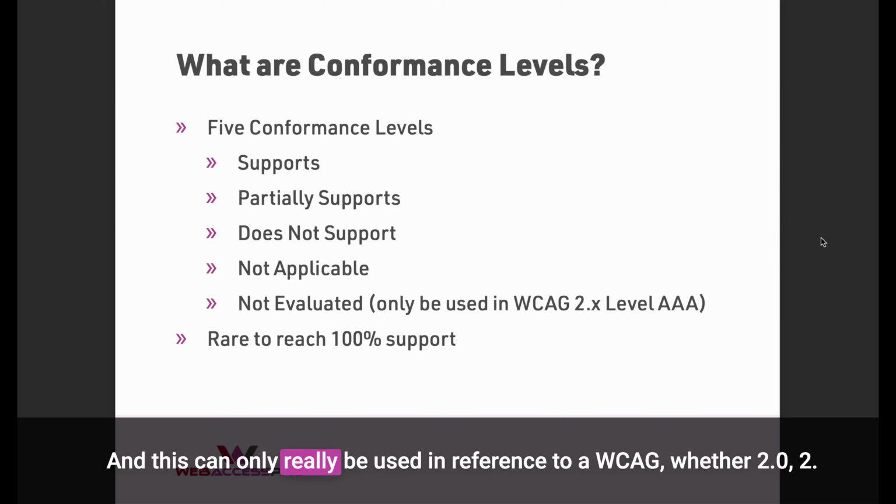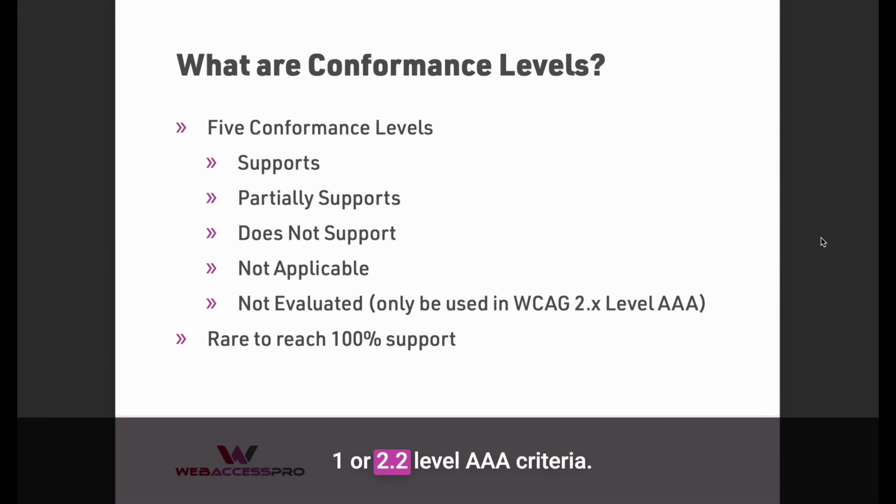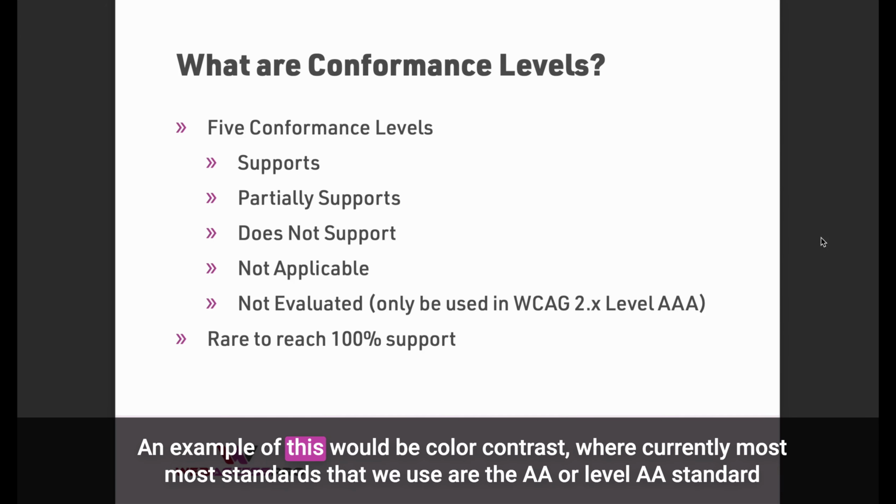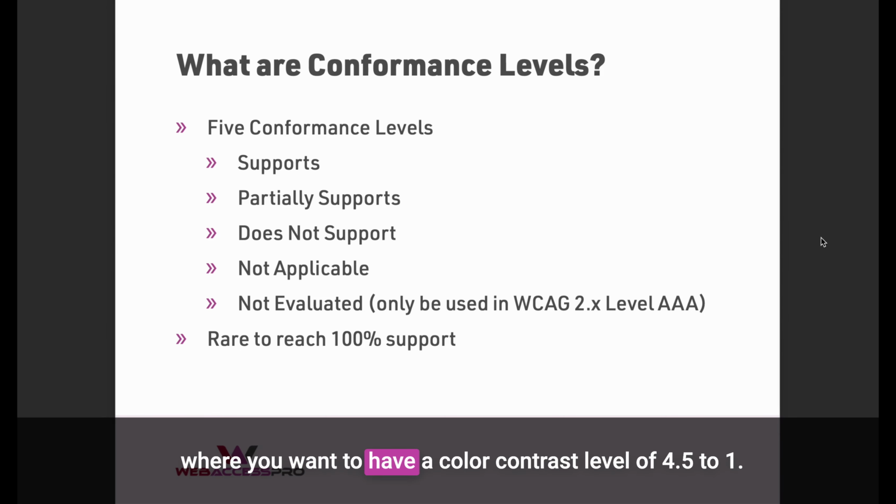And this can only really be used in reference to WCAG, whether 2.0, 2.1, or 2.2, level AAA criteria. Again, most standards do not require you to go all the way to level AAA. An example of this would be color contrast, where currently most standards that we use are the double A or level A standard, where you want to have a color contrast level of 4.5 to 1.